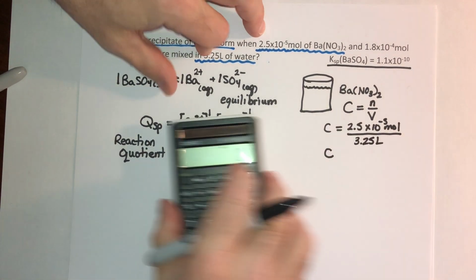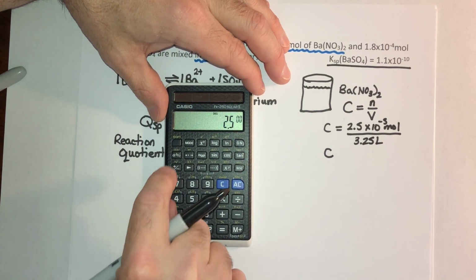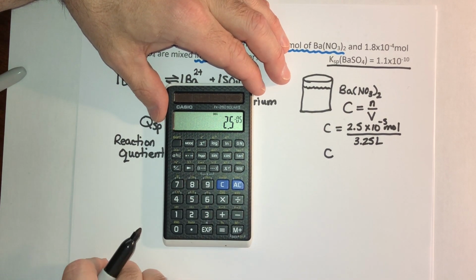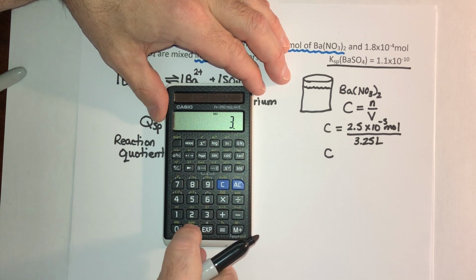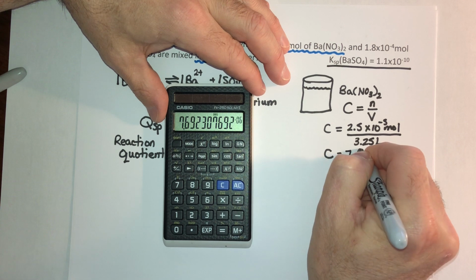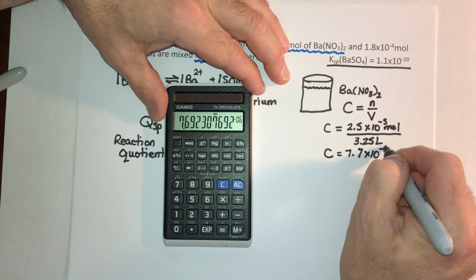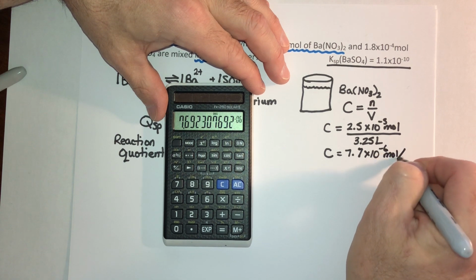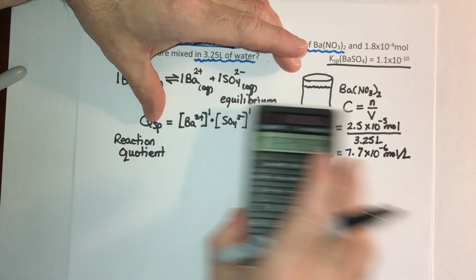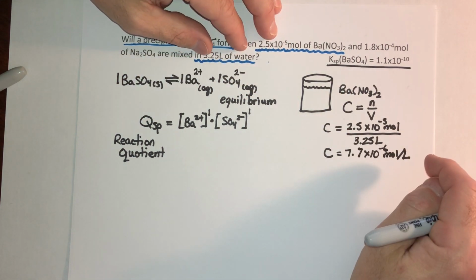So if we haul out our calculator, 2.5 times 10 to the power of minus 5 divided by 3.25 gives me 7.7 times 10 to the minus 6 moles per liter. This is the concentration of the barium nitrate.